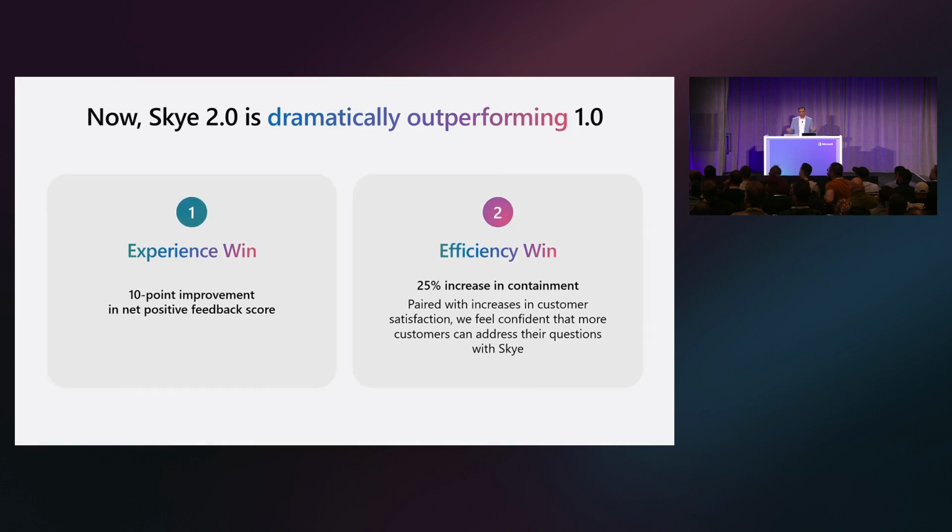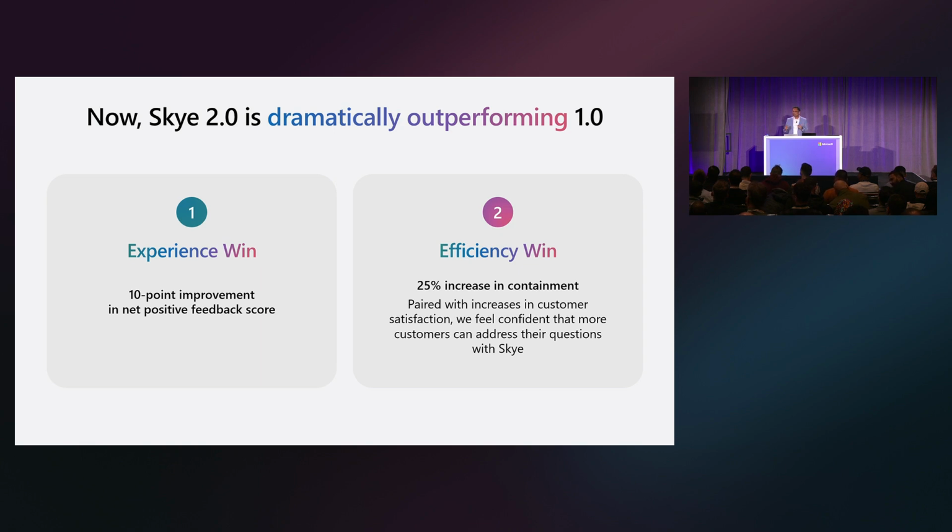So let's talk a little bit more about the results, as you will see that they truly speak for themselves. We looked at the results in two parts. On the experience side, we saw a 10-point improvement in the net positive feedback score, which is basically telling us that our customers are more satisfied or are getting a better experience through the new Sky. Second is on the efficiency side. We saw an increase of 25% in containment.